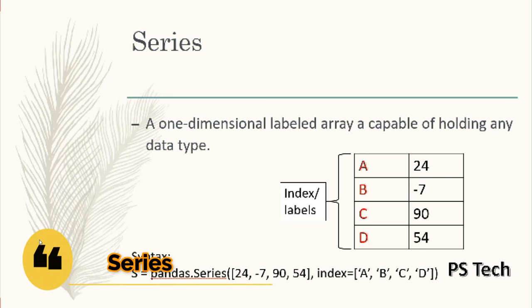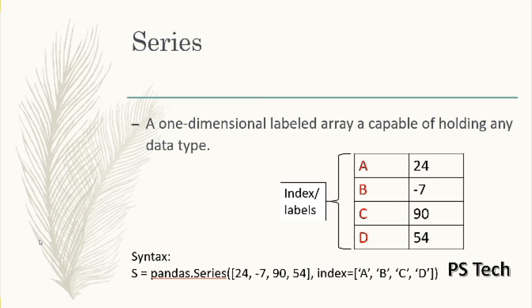Series is a one-dimensional labeled array capable of holding any data type. Whichever data type you want to store in a Series, it will store it. That is integer, string, floating point numbers, positive number, negative number, any type of data you can store in a Series. It just takes an index or label.